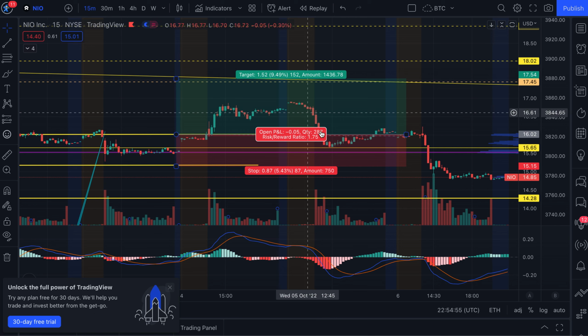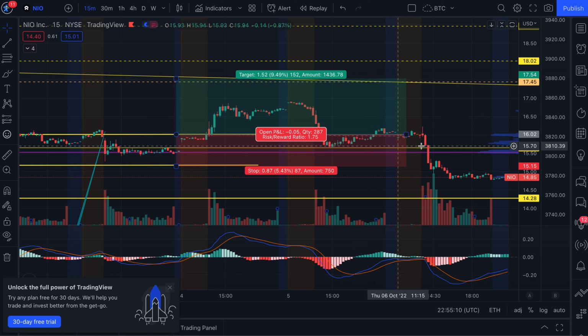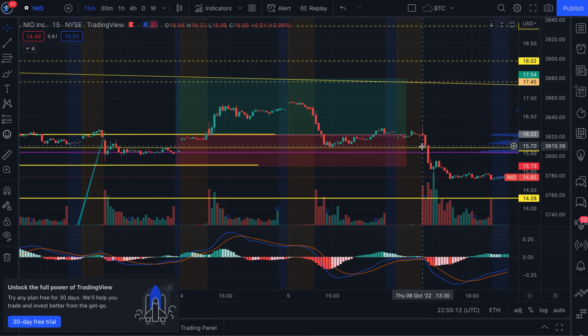And then the next day, which was Wednesday, where we had some economic news, I believe, we took a little bit of a dive. I think the entire market took a little bit of a dive, so it took NIO with it, obviously. And then today, on Thursday, we had an even, well, actually, the size of the drop was about the same, but we had more bad news, is what I was trying to say.